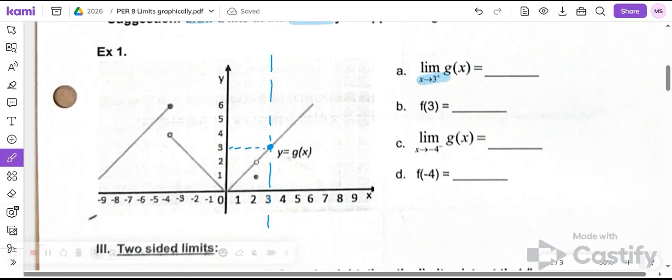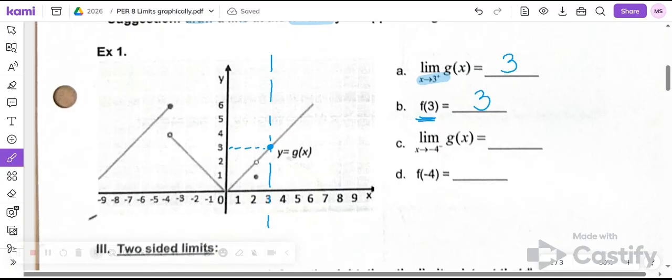So the answer to my limit question is just 3. That's the height of my graph at that point. Nothing crazy is going on. That's how easy a limit can be. Now, what do you think f of 3 would be? That would also be 3.